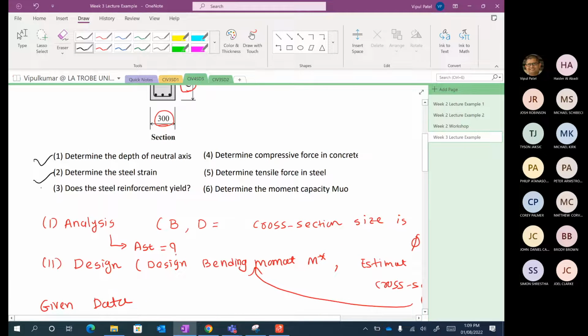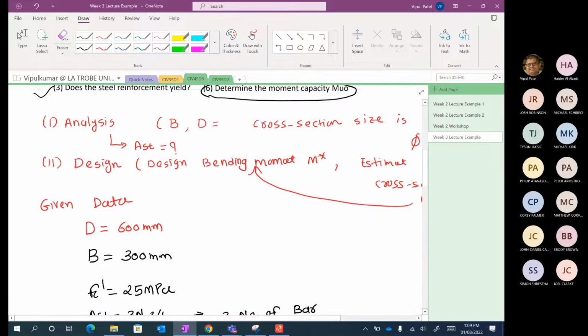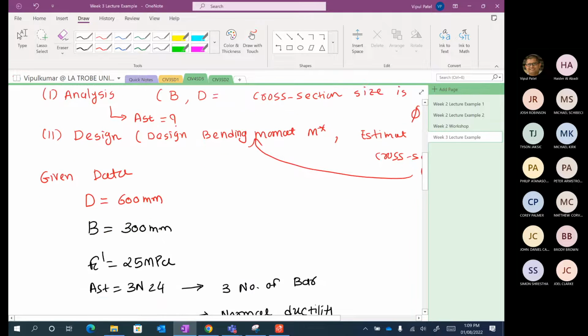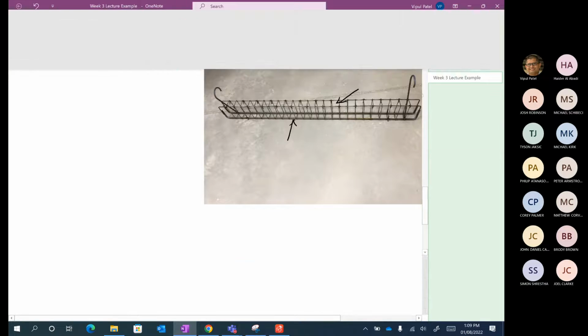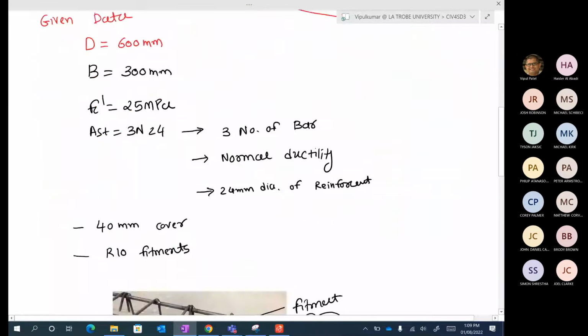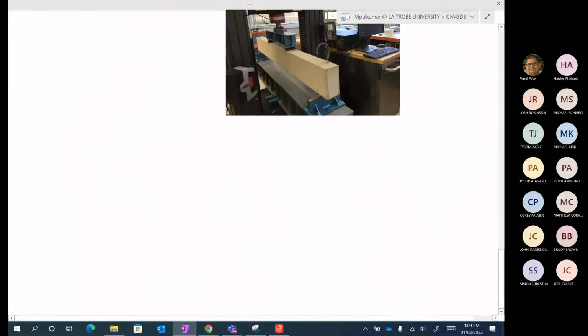These are all the questions that we're going to solve along the way, but the ultimate goal is to find this moment capacity. Now let's solve these problems. Let me list the general philosophy. What we really needed is that for any problem, we will have a strain. We will find the strain. Australian standard will give us the strain.